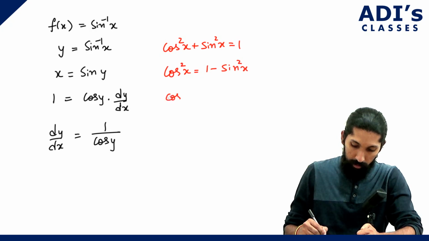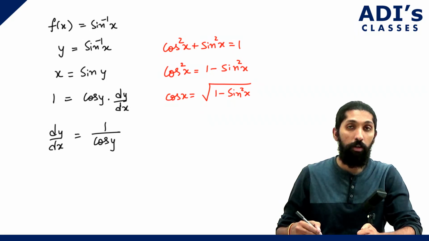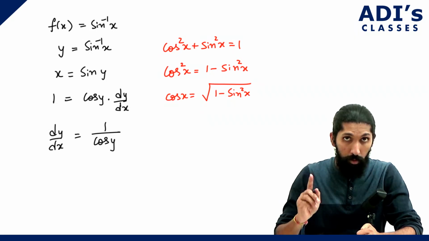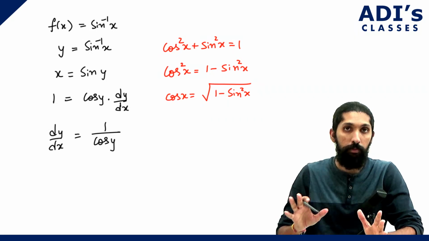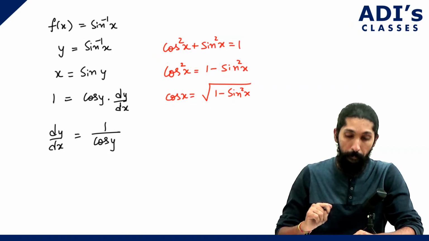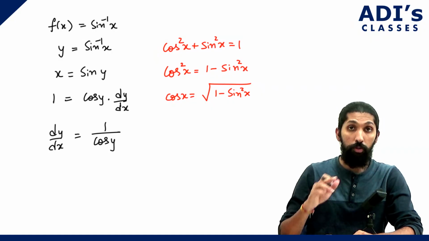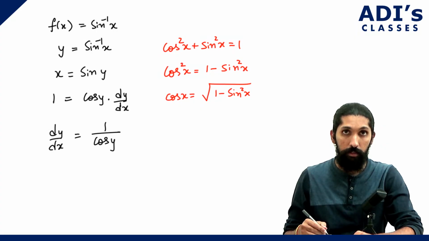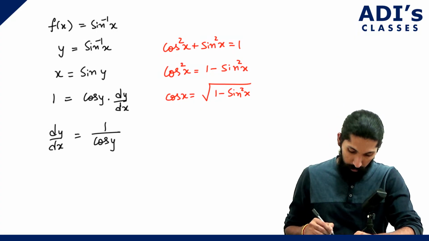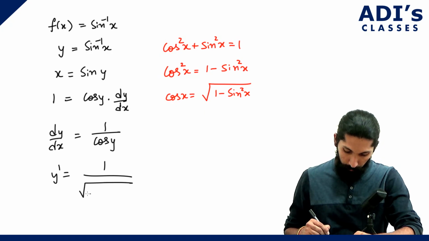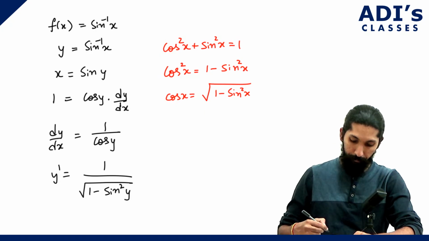So cos of x will be root of 1 minus sine square x. Please be careful, do not cancel the sine square and the root. Okay, that is not possible. Mathematically, that's incorrect. So cos of x is equal to root of 1 minus sine square x. Likewise, here y dash will be 1 by root of 1 minus sine square y.